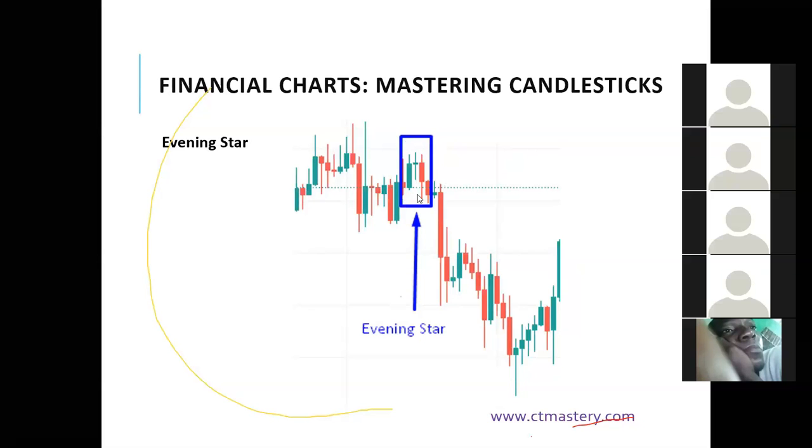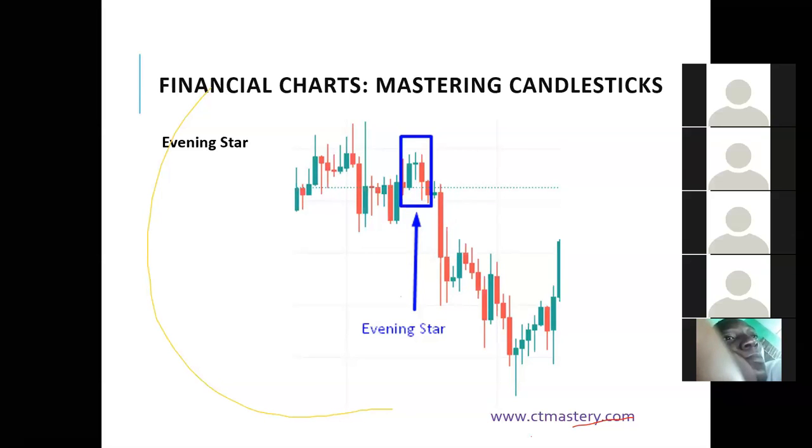And you can see the evening star form here. You see a bullish candlestick with a good real body, and this one with a small body here, and the next one is a bearish candlestick. And what happened? The market drops. So it's a good point for us to sell our bag if you're holding a bag when we're trading spots, and a good point for us to short the market if we're trading futures.